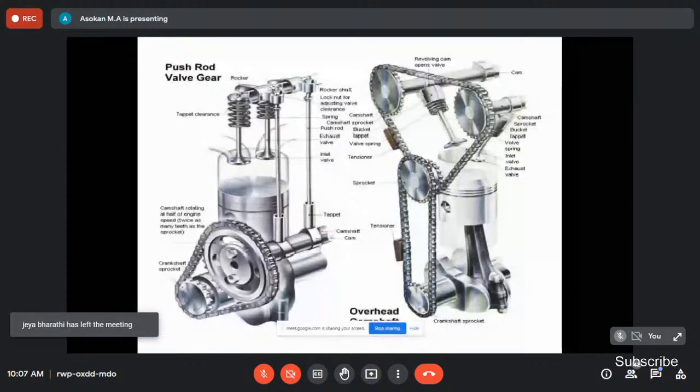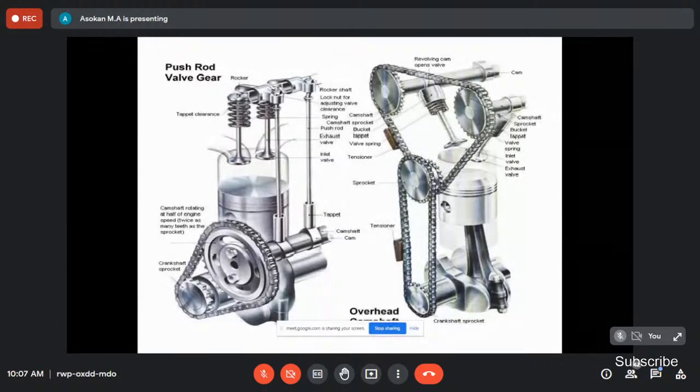This is how the valve gets actuated. The valves open and close the inlet port, and similarly open and close the exhaust port. At the right time, this valve will open. We can fix what time this valve will open. Then the air-fuel mixture enters the system.